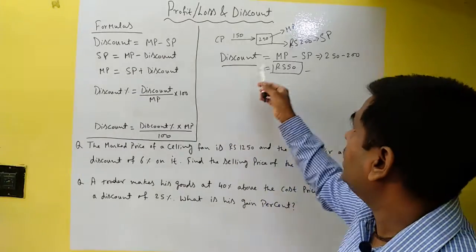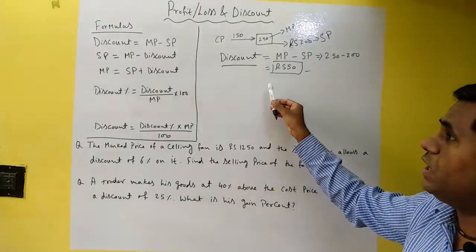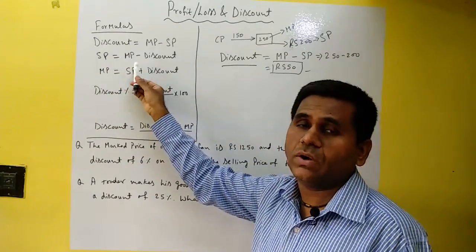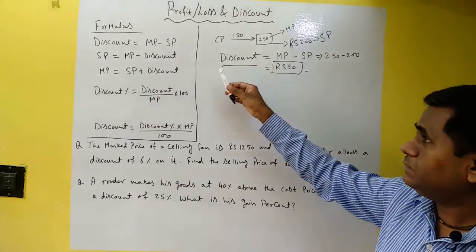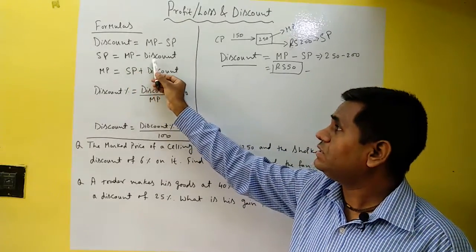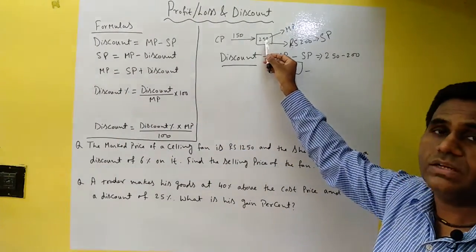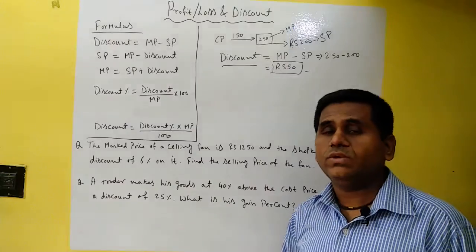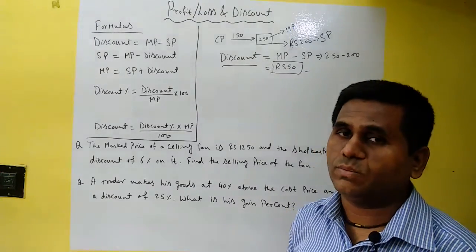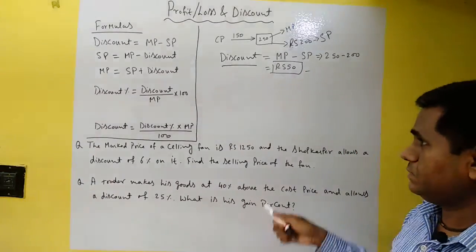Now from this formula itself we can derive these two formulas also. If selling price is not known, but marked price and discount are known, you can calculate it using the second formula: marked price minus discount becomes selling price. In this item, marked price is 250 and discount is rupees 50, so we deduct 50 from the marked price and the remaining amount becomes the selling price.